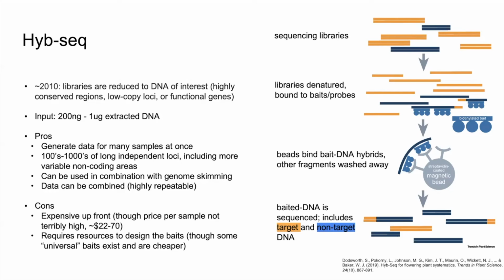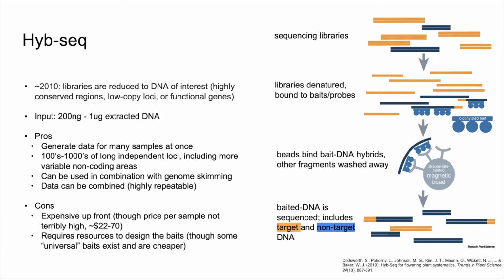It doesn't require too much DNA. And this method, basically, you take your sequencing libraries, which are shown at the top in navy blue and orange, you denature those to be single-stranded, you bind your single-stranded library portions to complementary baits or probes that target these conserved regions.